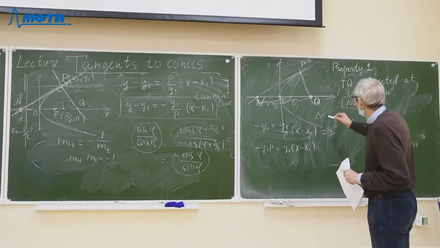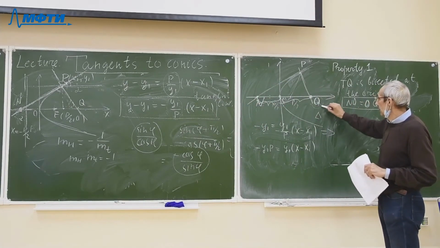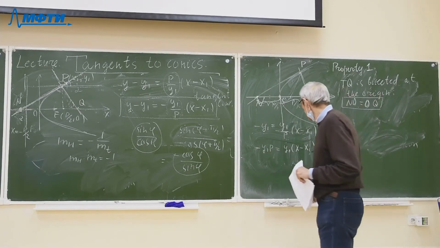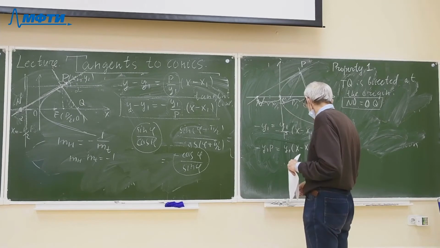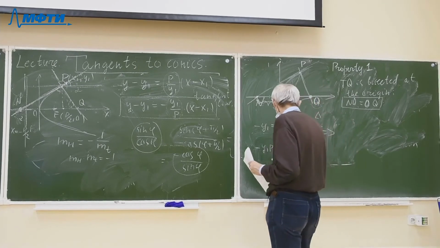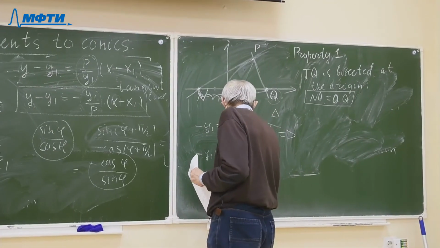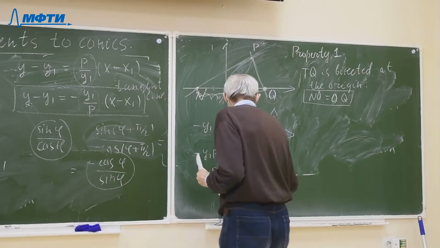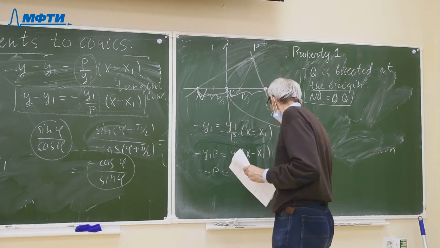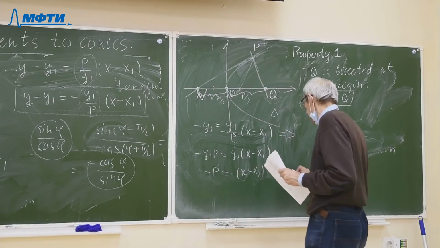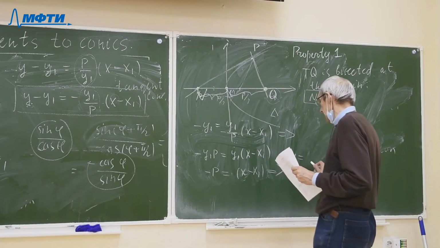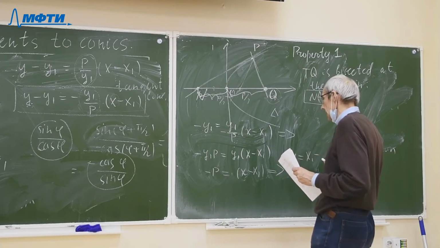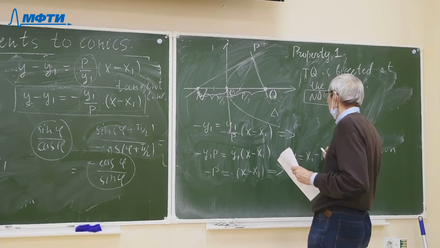And I try to calculate the coordinate Q. It is easy to see that minus p is equal to x minus x1, and we obtain x is equal to x1 minus p.